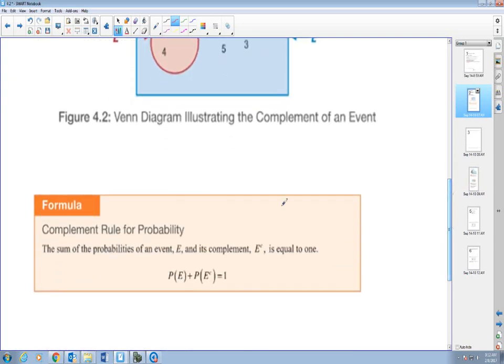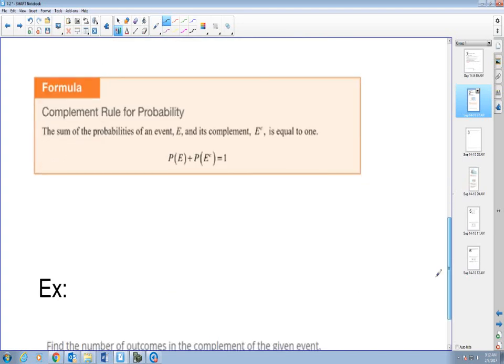If I add the probability of my event E with its complement, it will always equal up to 1. So that means to find the probability of my event E complement, I will take my 100%, 1, minus the probability of the event.